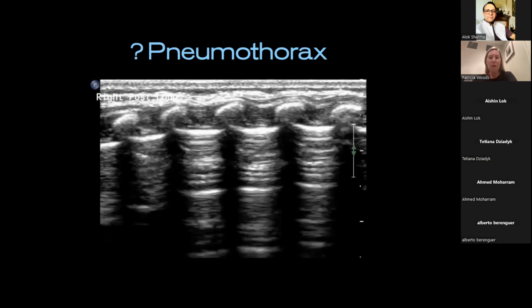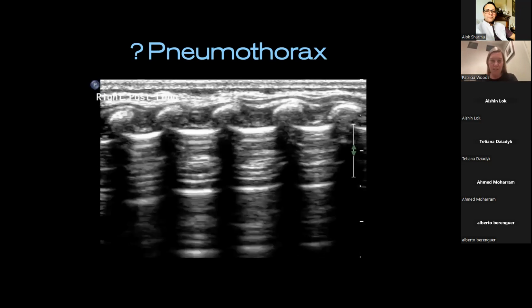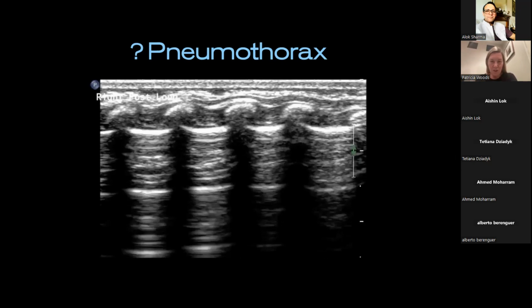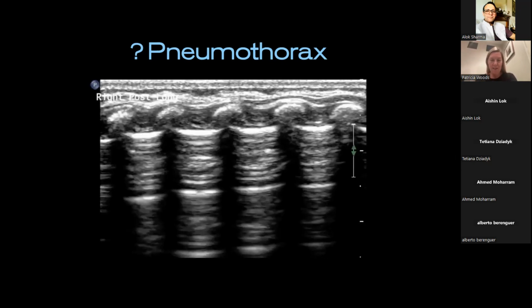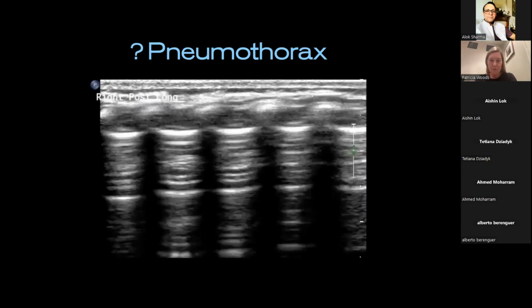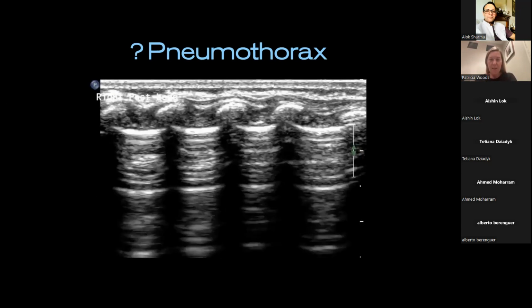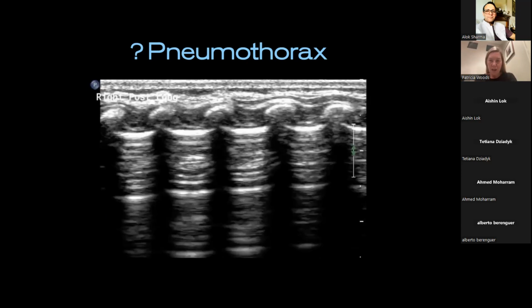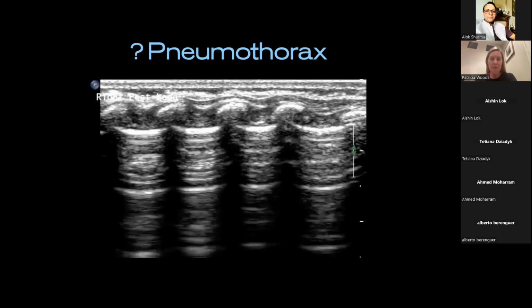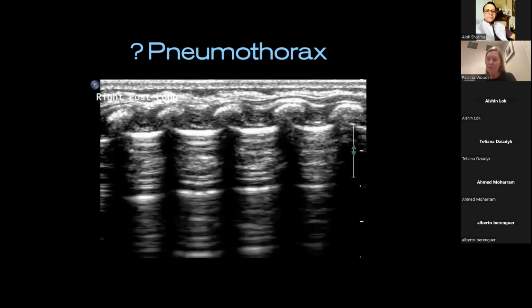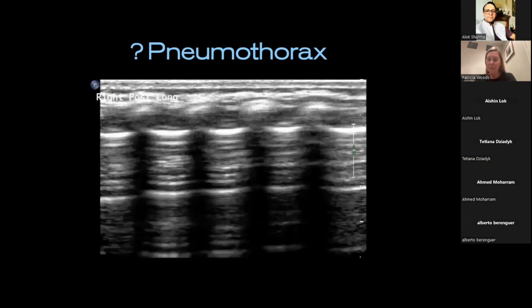Your pleural line, it looks really well defined, doesn't it? Pencil thin. I am trying so hard to see, is there horizontal pleural sliding differing from recession? And I can observe here very strong A lines coming down, and I'm struggling to see any B line artifacts. All right, so is this enough to diagnose pneumothorax?